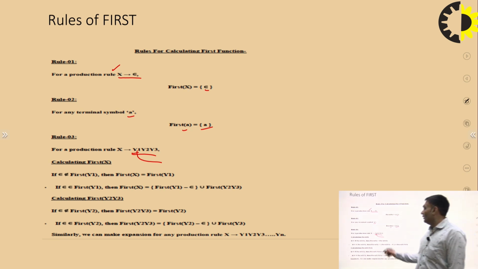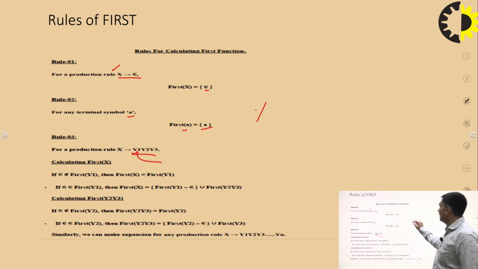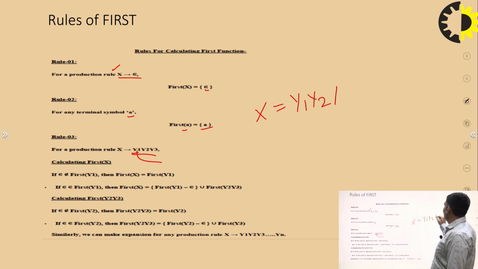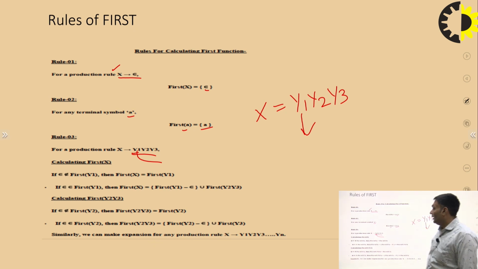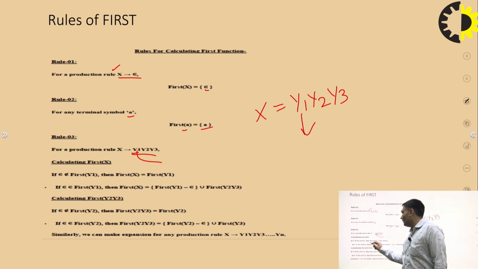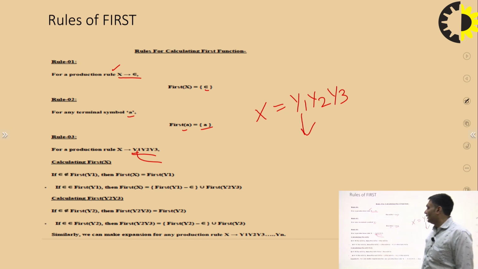So if there is a rule like X equals Y1, Y2, Y3, then we will see what is the generating terminal of Y1. If first of this Y1 does not contain epsilon, then the generating terminal of Y1 will be called the first of this X, right?